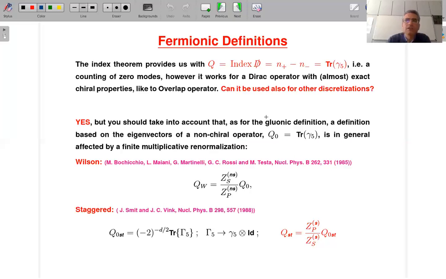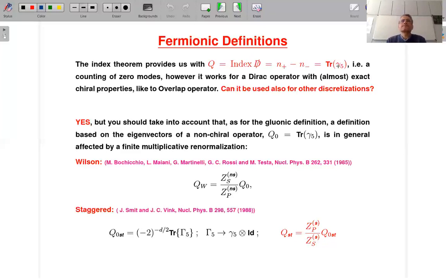Now, let me go to the fermionic definitions. The fermionic definitions are based on the index theorem, which tells you that you can just count the number of zero modes of the Dirac operator, the number of left-handed zero modes and the number of right-handed zero modes, and subtract them. It is equivalent to taking the trace of the gamma 5 operator.